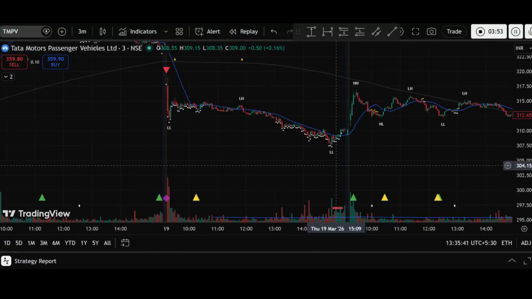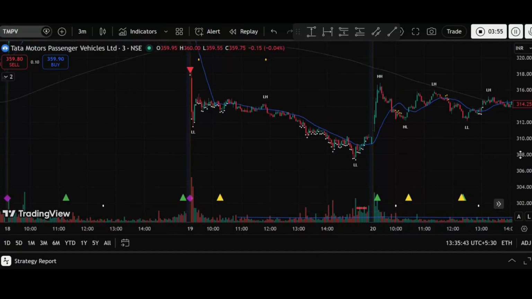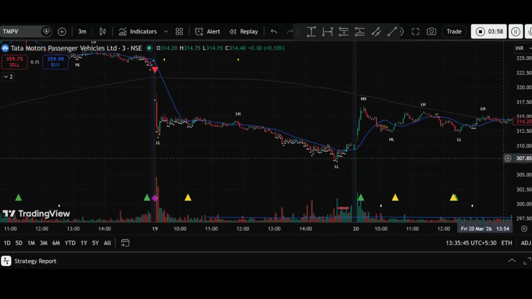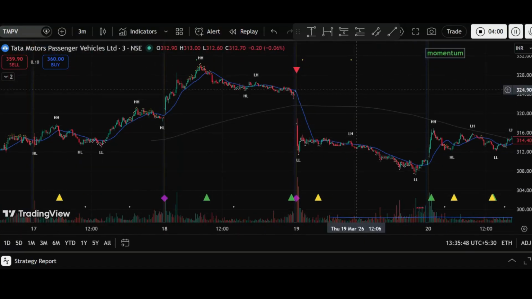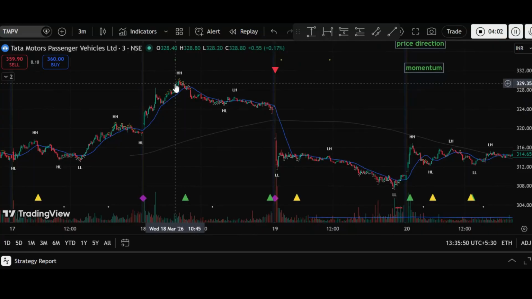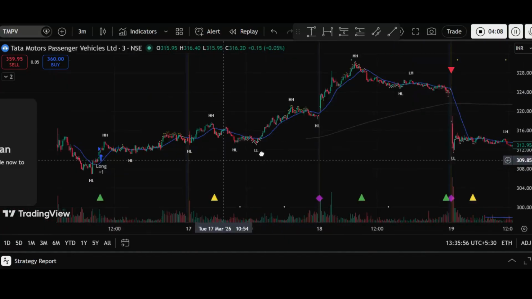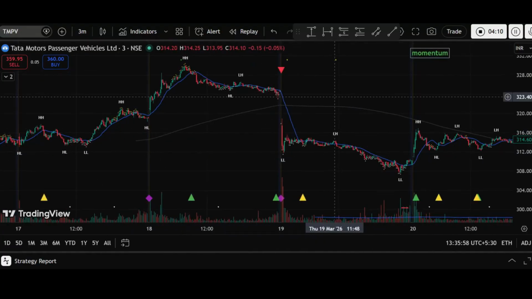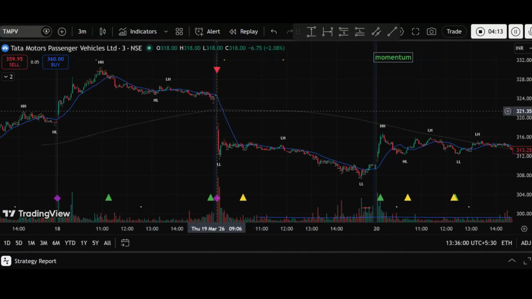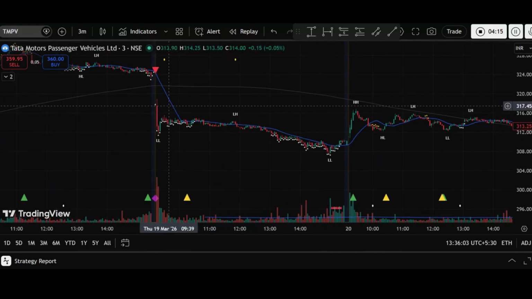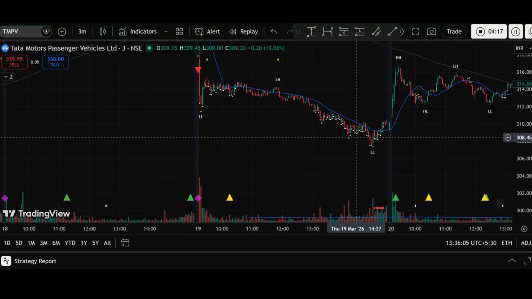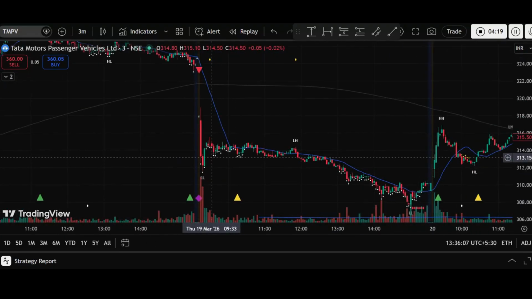Let's take this 19th March 2026 as our pilot day. You can have a look here. We got a high which we didn't identify as an overbought zone, but yes, of course, it was a small uptrend from here, and we got a gap down here, and the selling continued. Okay, let me explain.